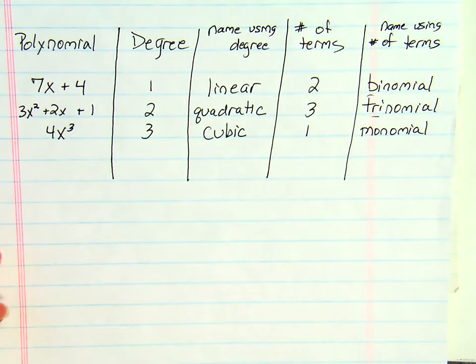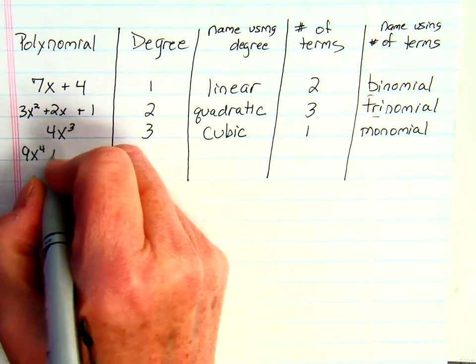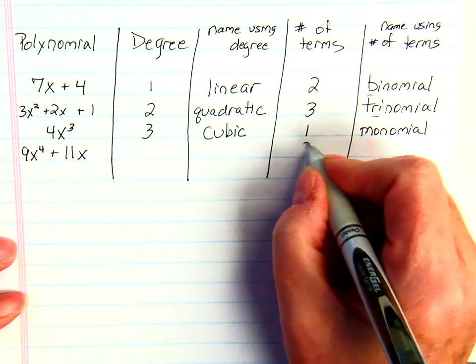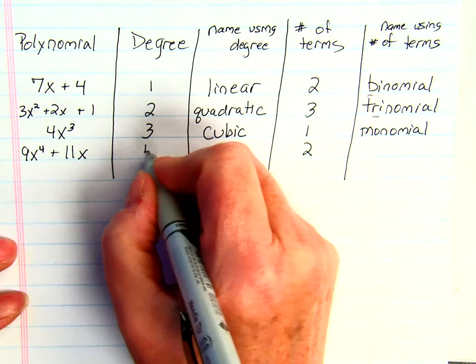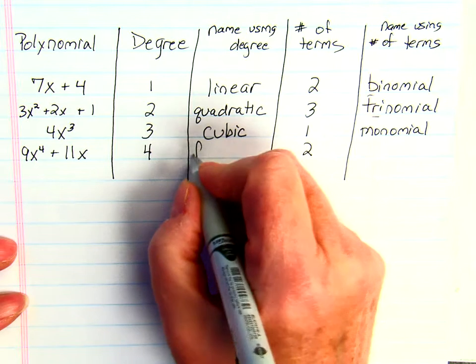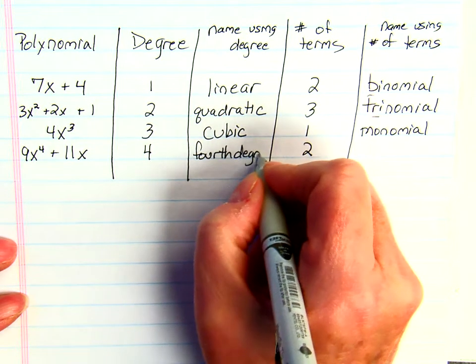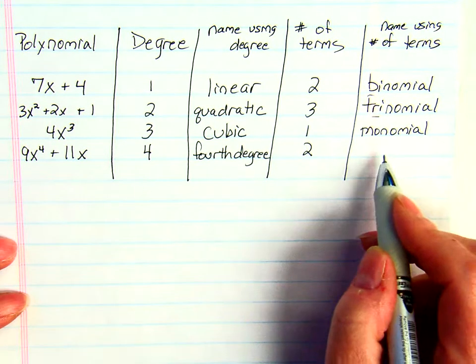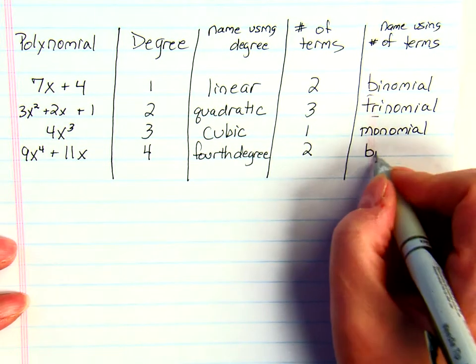Moving on to 9x to the 4th plus 11x. It is two terms. Our highest exponent is a 4. This is 4th degree. And here we are once again looking at two terms, so again, this is a binomial.